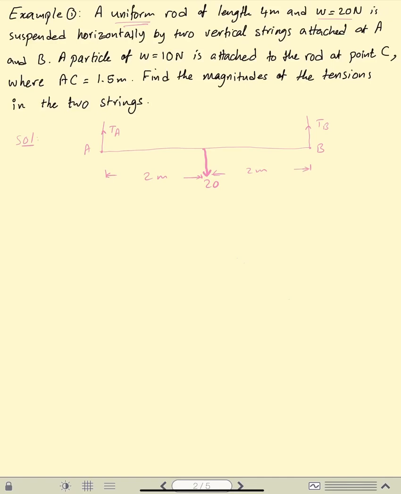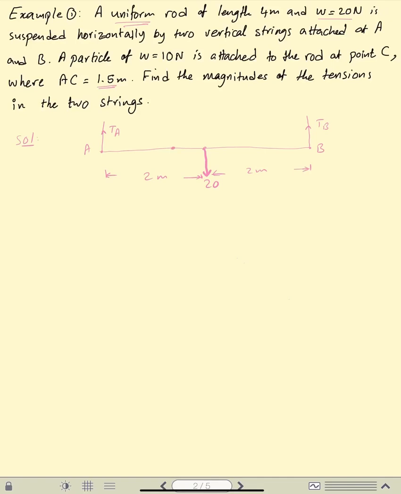A particle of weight 10 newtons is attached to the rod at point C, where AC is 1.5 meters. New point. So this is 2 meters from here to the middle, so C is here almost.